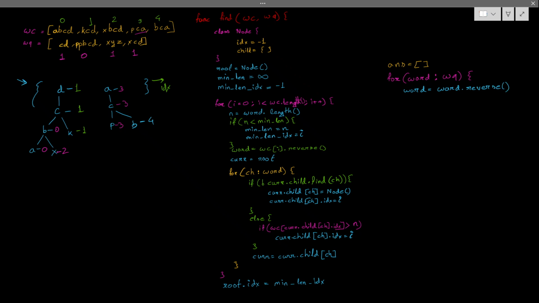After that, I have to iterate for each and every character, and I also need my current pointer to point to my root node. Now I have to iterate for each and every case: for each character present in this word, I am iterating.